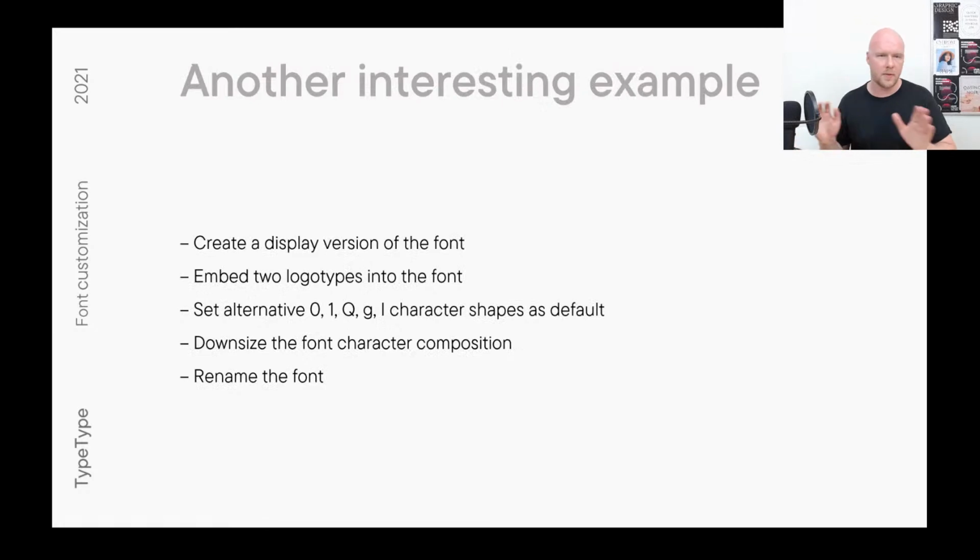So, just an interesting example. For a client, we carried out a rather complex customization based on our TT Host font. This client needed to make changes to the graphics of some characters and create a display version, TT Host Medium, based on the reference they set.